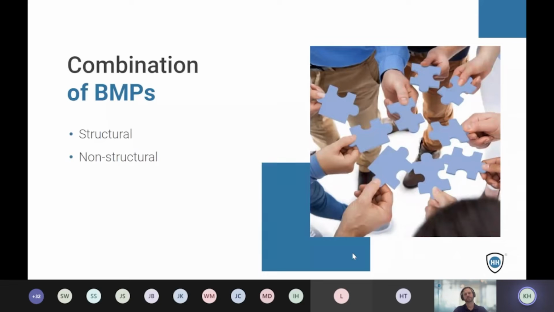So one thing may not be enough to solve the problem. So this could be, let's say that you've got a fuel dispensing station and you've got a 1,000 gallon aboveground tank that you use to fuel all of your equipment. It could be having a policy that you stop the engine, chock the wheels, and you clean up your leaks and drips.